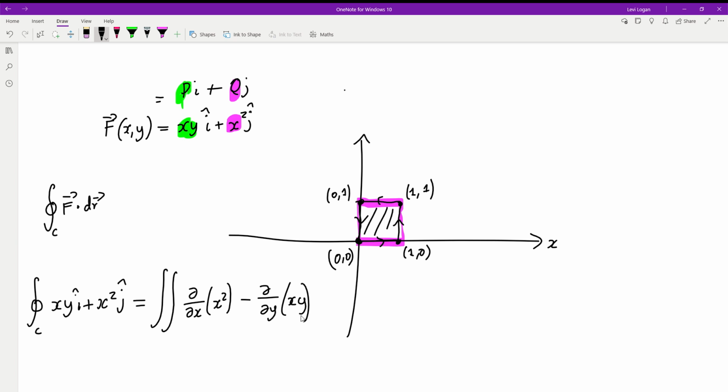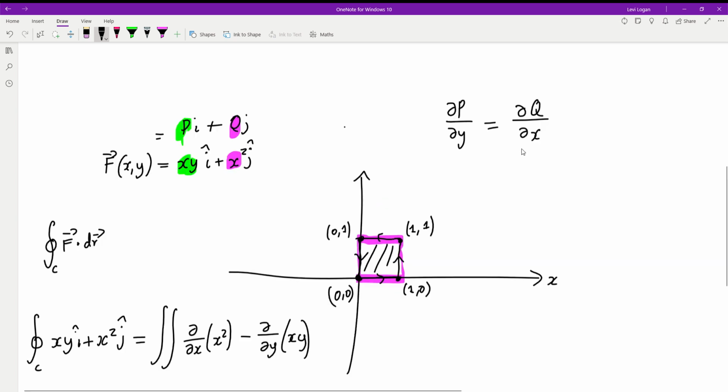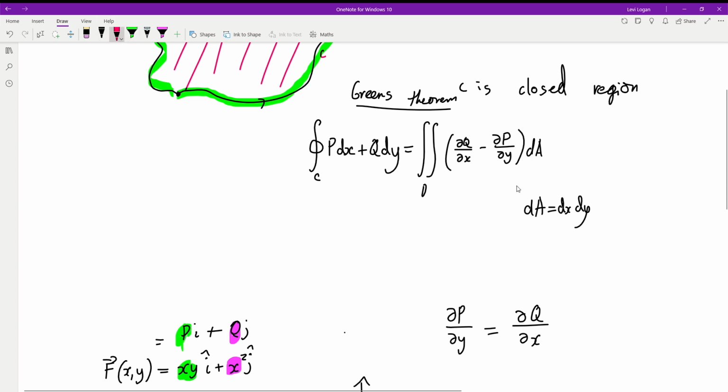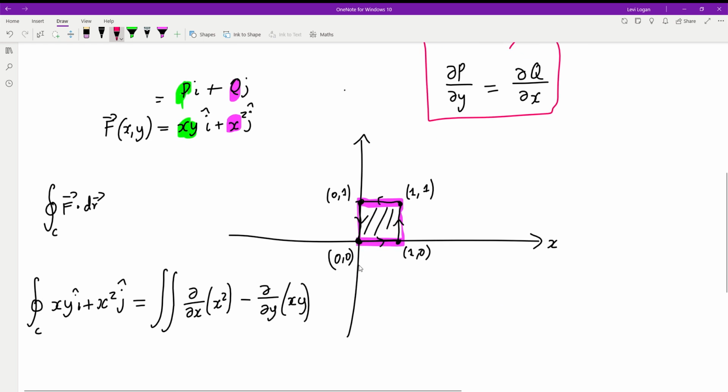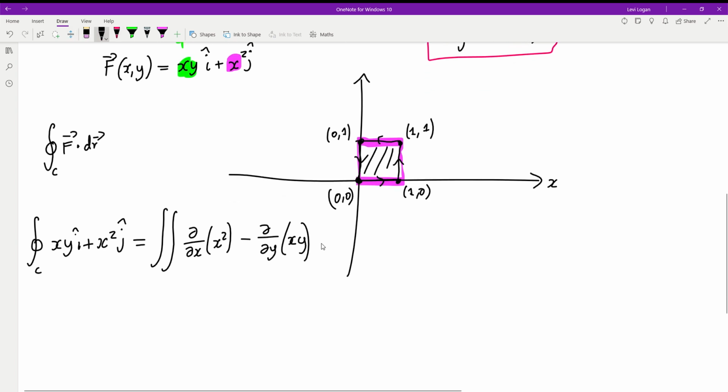What I mean by conservative is that the partial derivative of this one here with respect to y is equivalent to this derivative here. If you take a look at it in the actual theorem itself, this bit here is exactly the same as this. So if it was conservative, this thing would be 0. That means the work done on a particle through this vector field would be independent of the path. But in this case here, I don't think that will be the case. Okay, and then I'm just going to put dA here as well.